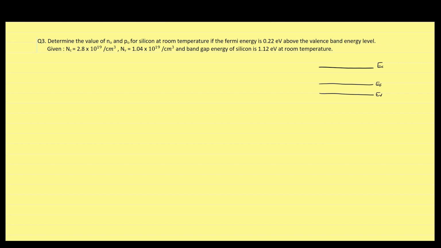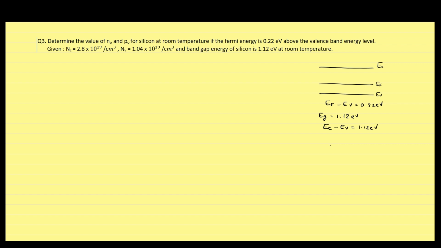It is given that EF minus EV is equal to 0.22 electron volt. And we are provided with NC, NV and band gap energy. Band gap energy is 1.12 electron volt. And you also know that band gap energy is EC minus EV.